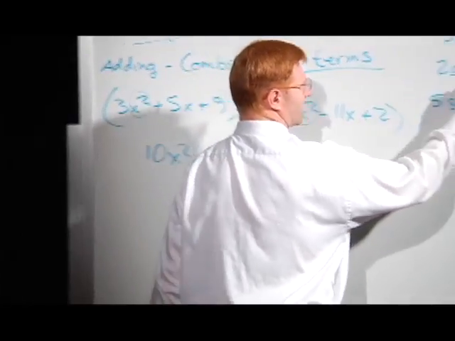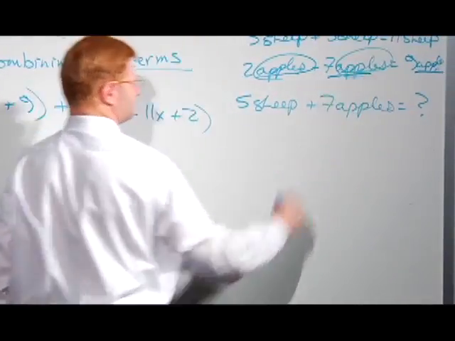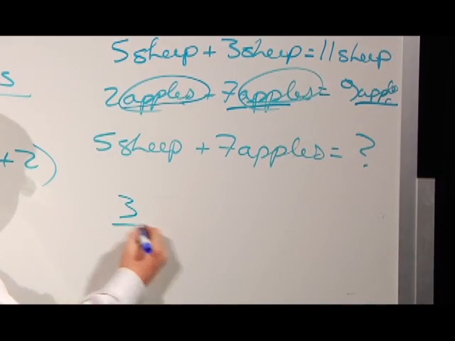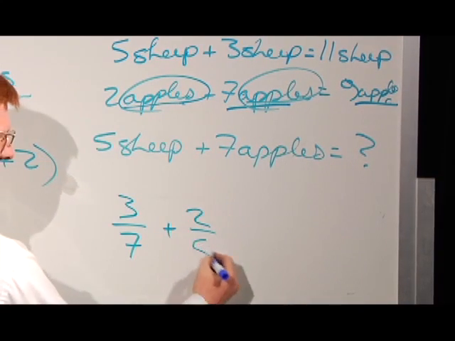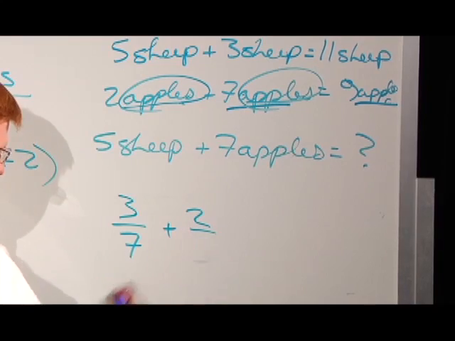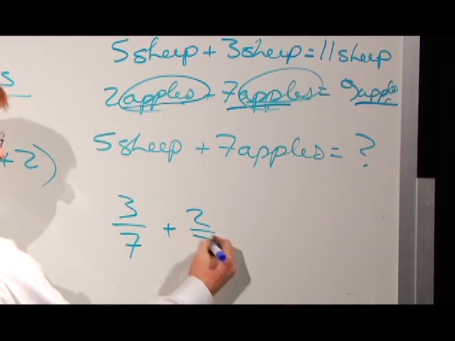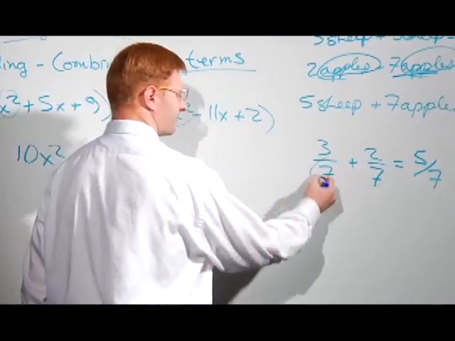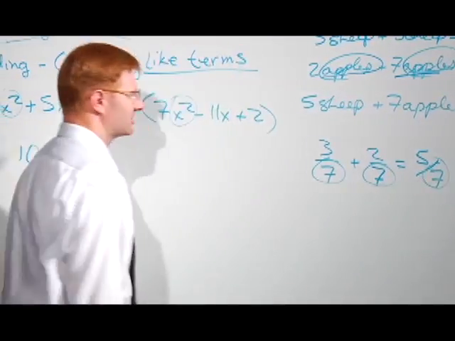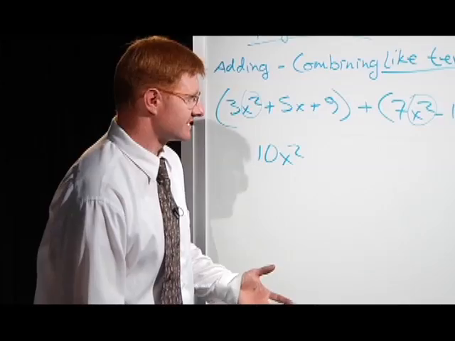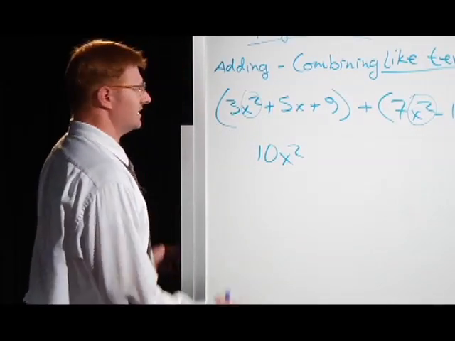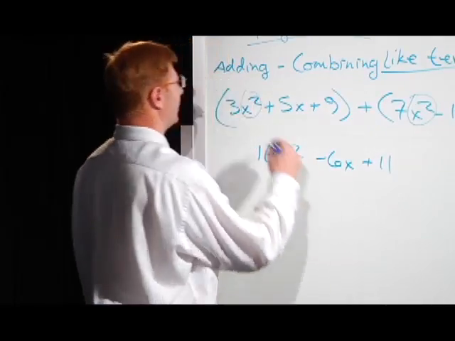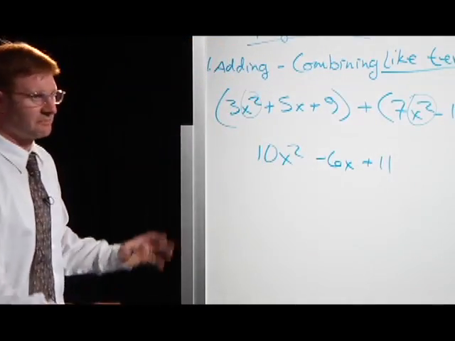And in this context, they should see it as the same thing, just like 3/7 plus 2/7 is 5/7. These are the things that you're adding. That's why you need a common denominator. They need to be like things. Otherwise, addition doesn't make sense. So 10x squared minus 6x plus 11. That is the step. It is combining like terms.